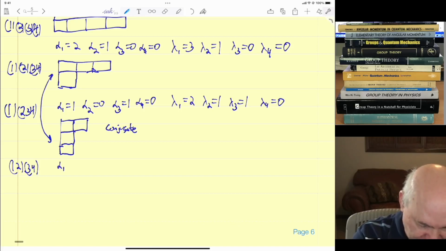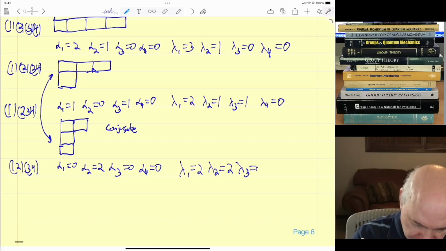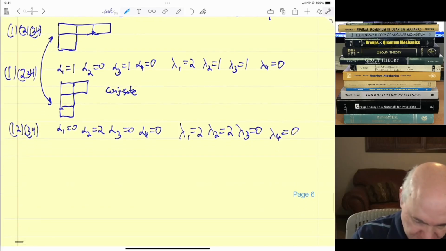So this one is alpha 1 equals 0, alpha 2 equals 2, alpha 3 equals 0, alpha 4 equals 0, lambda 1 equals 2, lambda 2 equals 2, lambda 3 equals 0, and lambda 4 equals 0. And so this corresponds to a diagram like this, and this is called a self-conjugate diagram.